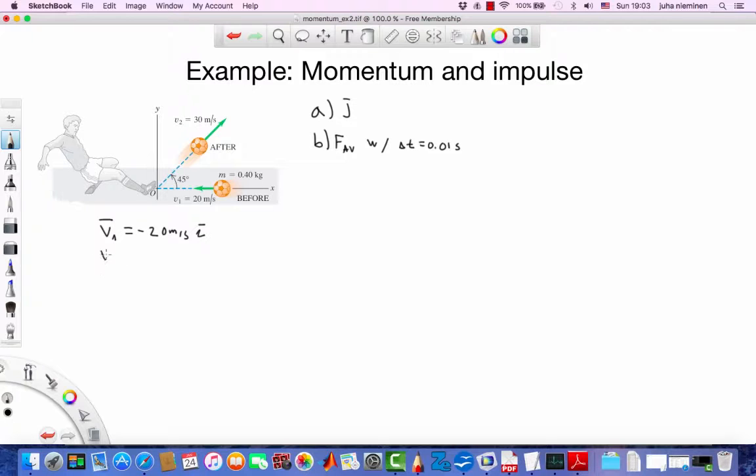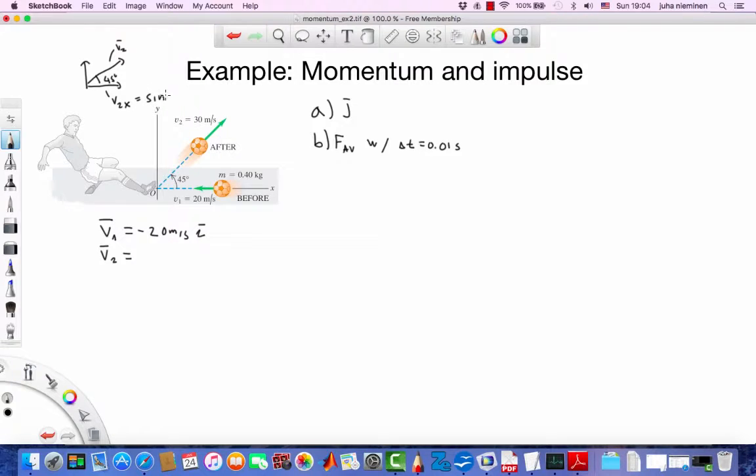And then the v2, the final velocity, it's going at an angle of 45, so it has two components. So if this is v2, this is v2x, and if that is, let's call it alpha, we can say 45 degrees.